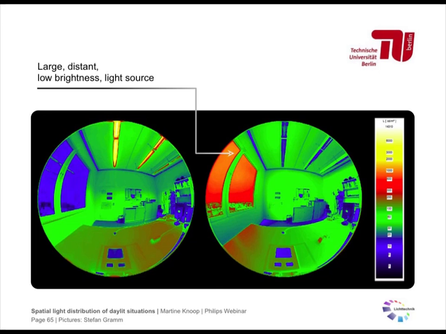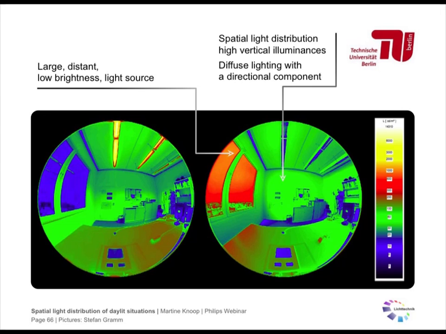We have a different vertical illuminance in comparison to this situation, which might have affected room appearance. And we can see from this picture also that we have very diffuse lighting, but it has a directional component that makes this wall brighter than, for example, the wall here in this situation.